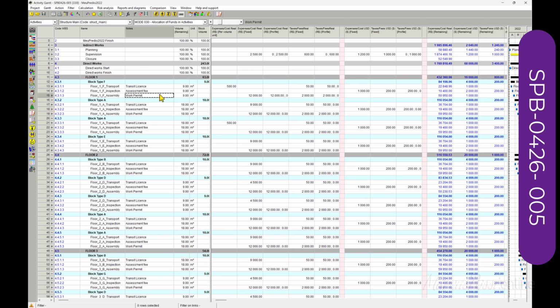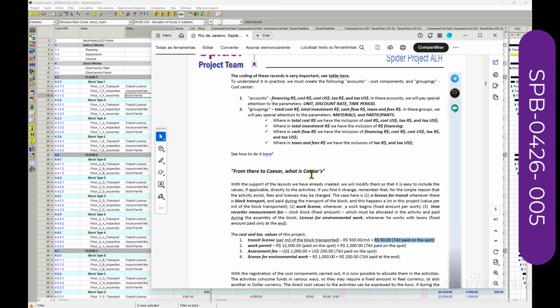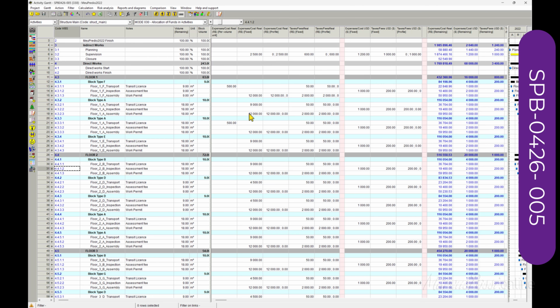No, let's check it again. Work permits, work permits for assembly inspection. Okay. Work permits, 2,000 paid on spot, 12,000 and 2,000. 12 paid on spot.